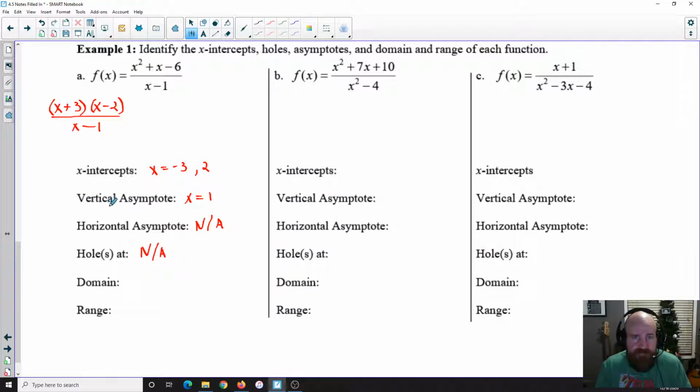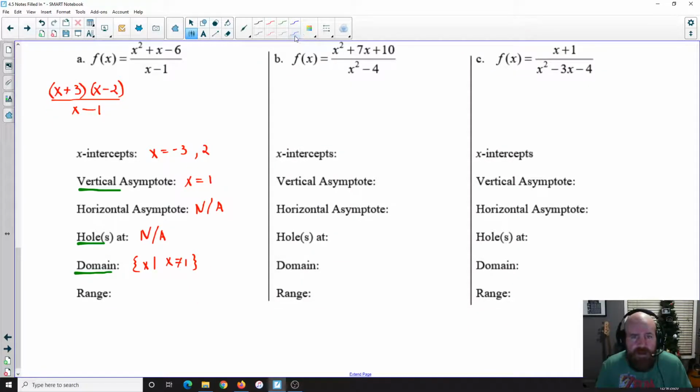Let me just go ahead and mark that. Vertical asymptote, domain, and then the holes, if there are any holes, would fall in for domain as well. So we have all x's such that x cannot equal 1 because of our vertical asymptote.